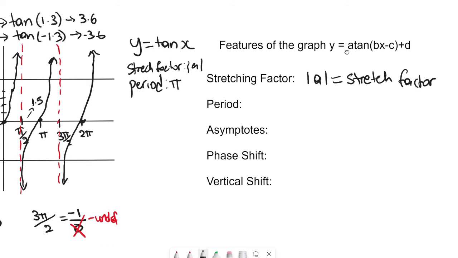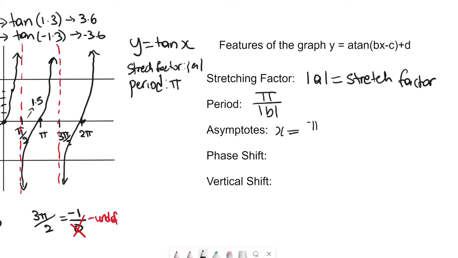Now, let's say you have a general form y equals a tan(bx minus c) plus d. The period of that graph, if you want to identify what the period is, is going to be pi divided by the absolute value of b. Now, our asymptotes are going to be wherever cosine is 0, right? We saw that previously. So the asymptotes are going to be equal to wherever x is.